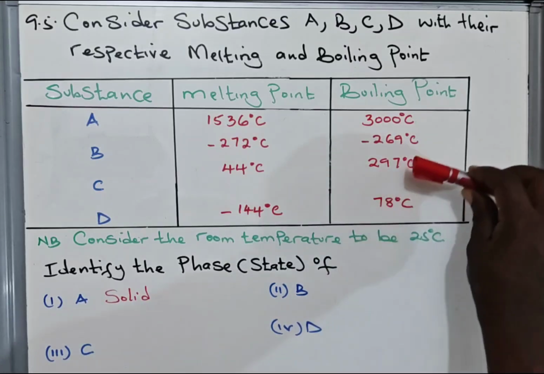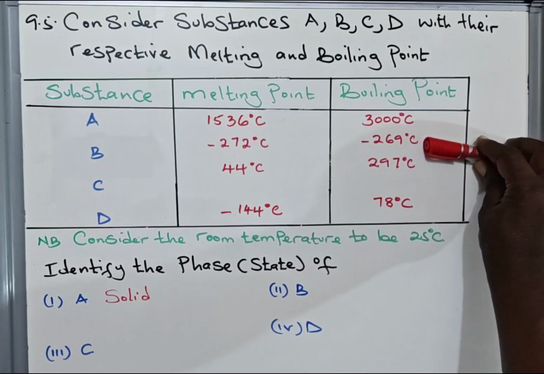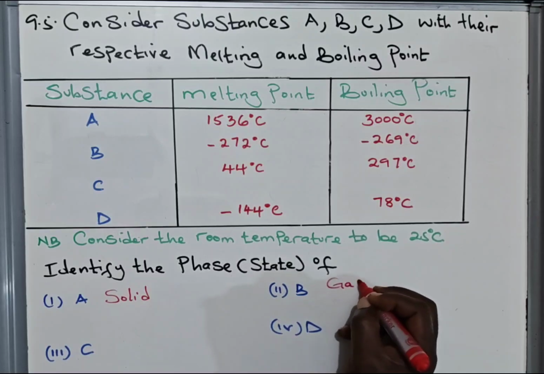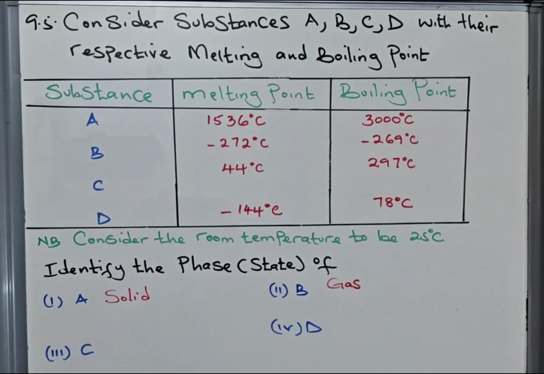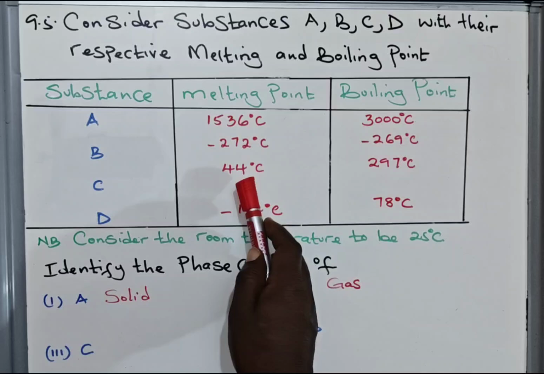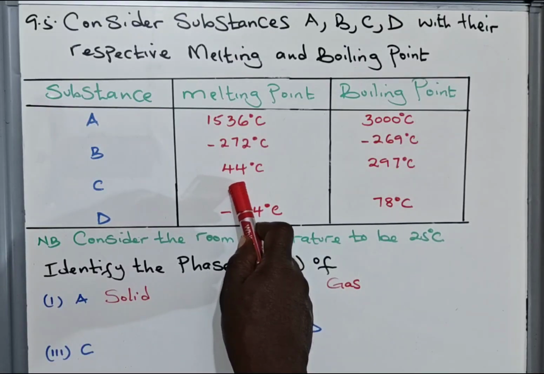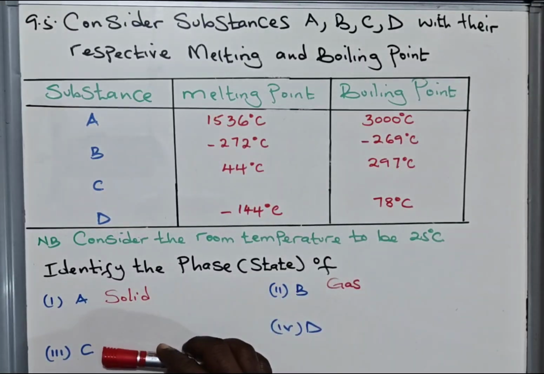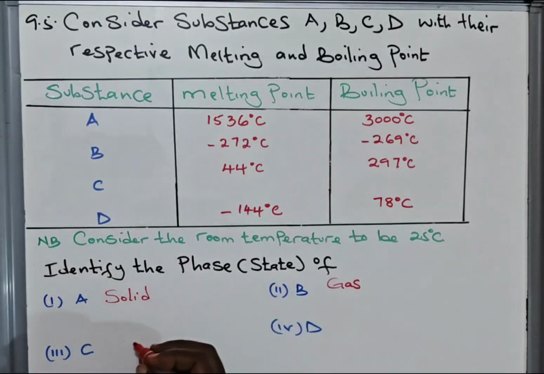So which means that by the time it comes to 25, it's already gas because it has already boiled. So what is the phase of B? B is a gas. Then we come to C. C has a melting point of 44, which is above room temperature. So at 25 degrees, it has not yet melted. So C is a solid.